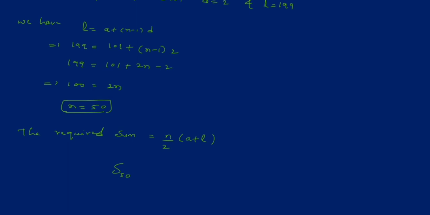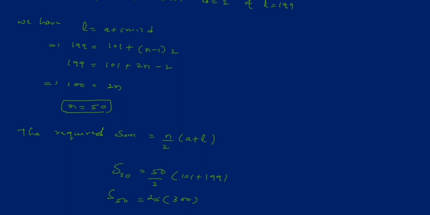So the sum equals 50 by 2, that is 101 plus 199. So 50 upon 2, which is nothing but 25, times 300, since 101 and 199 is 300, right?